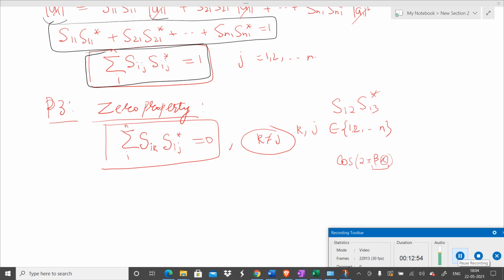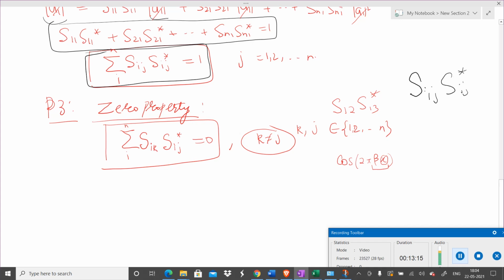This zero property is somewhat related to the unity property. In the unity property, what is this? You have Sij, then you have Sij conjugate.